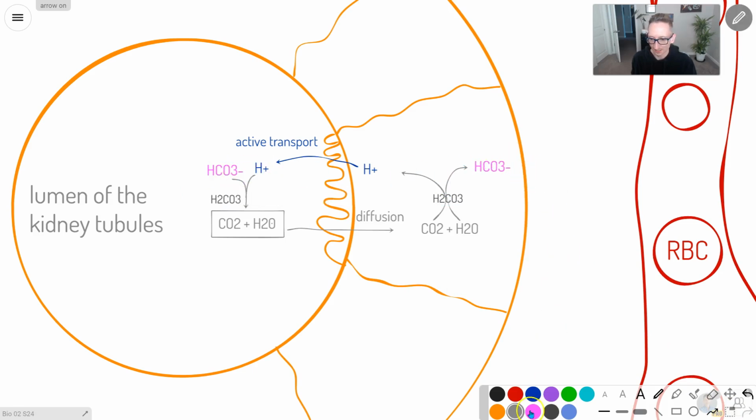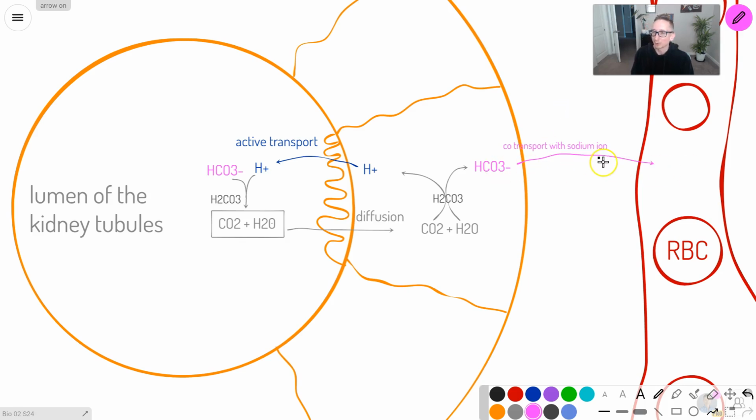And this guy is going to be transported through here. And the way it's actually transported through there is it is co-transported with a sodium ion. You don't really need to know that, but I'll write it here. To get through this membrane, co-transport with sodium ion, Na plus.